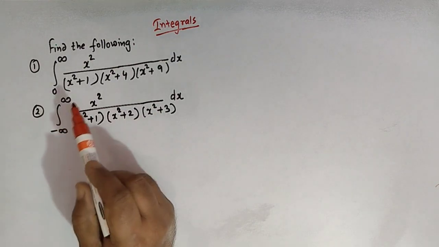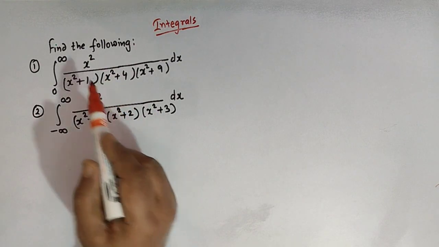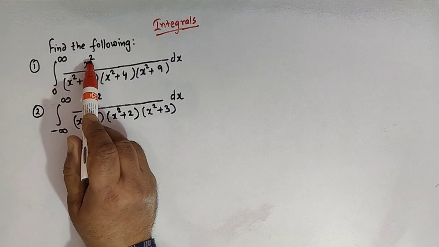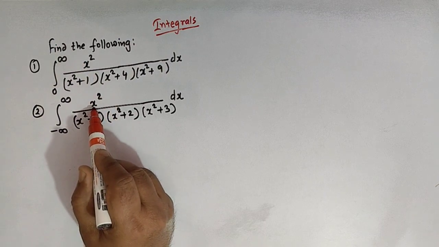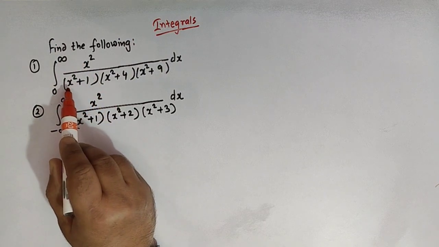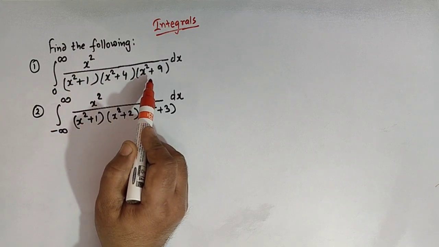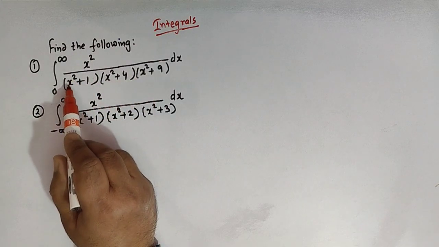The special thing about these two integrals is that in the numerator we have the term x square, and in the denominator we have the product of three terms, each containing x square.